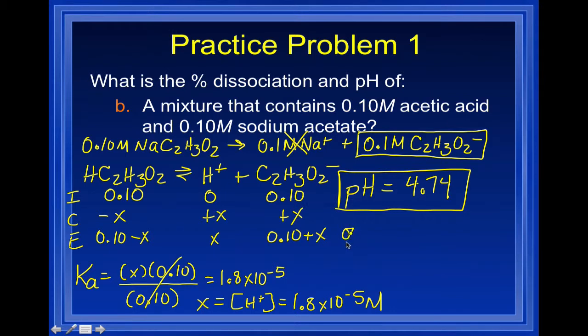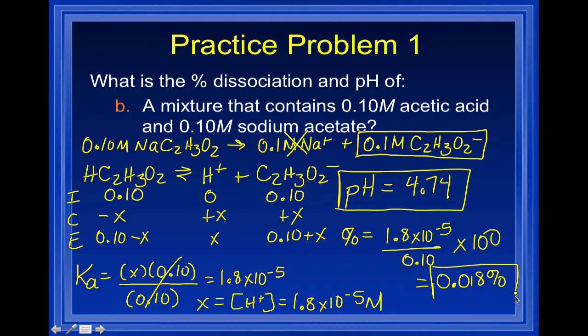And then also the percent dissociation, I take the 1.8 times 10 to the negative fifth on top this time, still divided by my original concentration of 0.1 times 100, and my percent this time is going to end up as 0.018%.